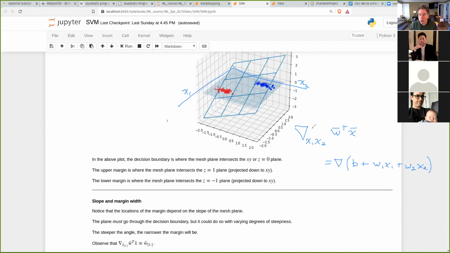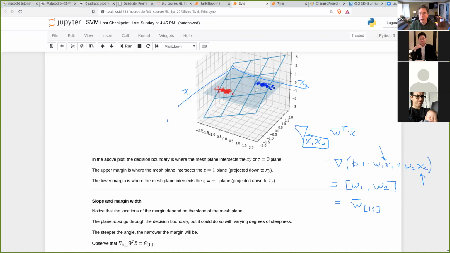So we're taking the gradient with respect to the x variables here. When we take the derivative with respect to x1, w1 will be the sole survivor. And w2, when we take the derivative with respect to x2, will be the sole survivor. So that is what we call w. Okay, so that's our weight vector ignoring the bias coordinate.